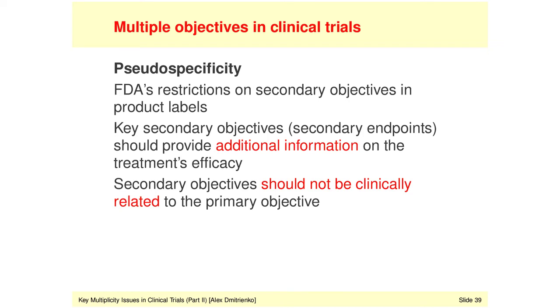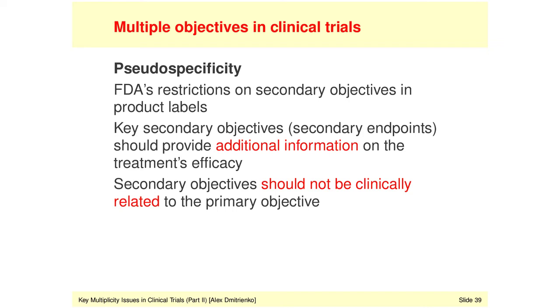Key secondary objectives, for example secondary endpoints, are typically expected to provide additional information on the treatment's efficacy compared to the primary objective. Secondary objectives should not be clinically related to the primary objective. And if a secondary objective is indeed closely related to the primary objective, this secondary objective or secondary endpoint may be referred to as pseudo-specific.